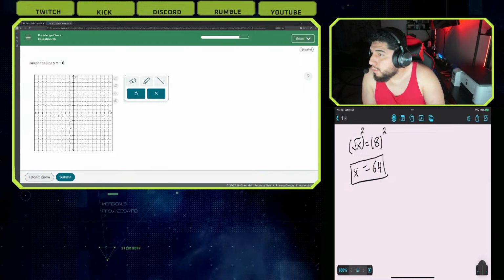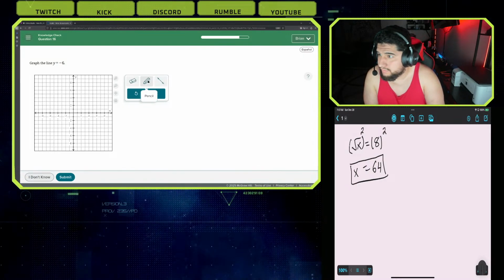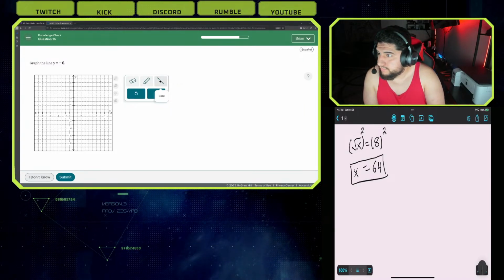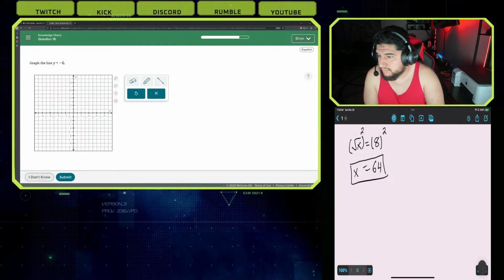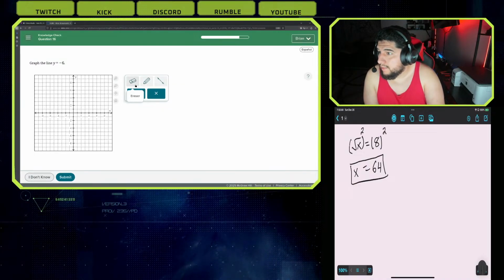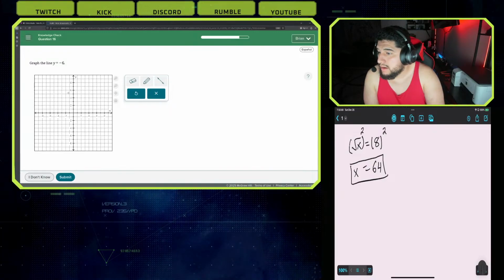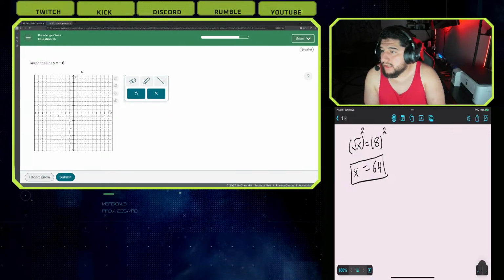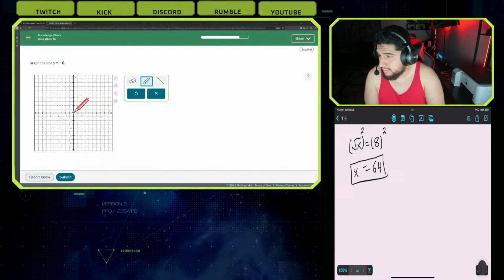Graph the line y equals -6. All right, so it's a line y equals -6. So x has to be 0. Oh, this is the mx plus b stuff. So if x is -6, that's 0.